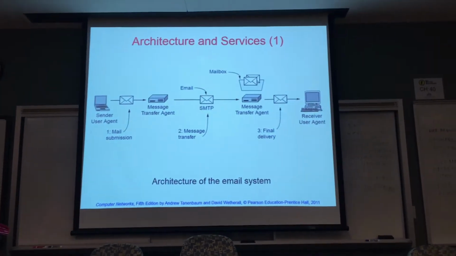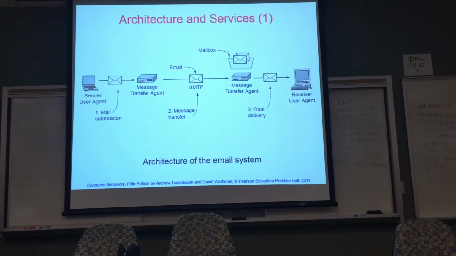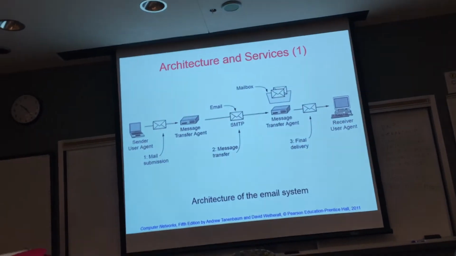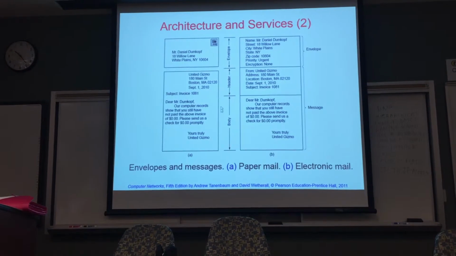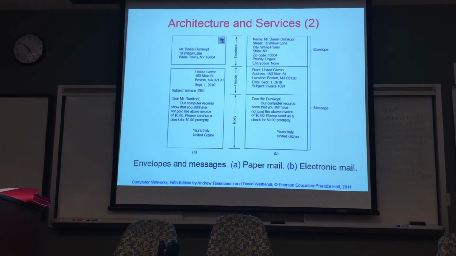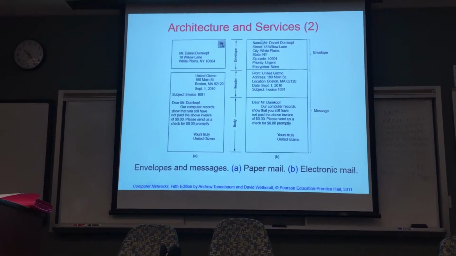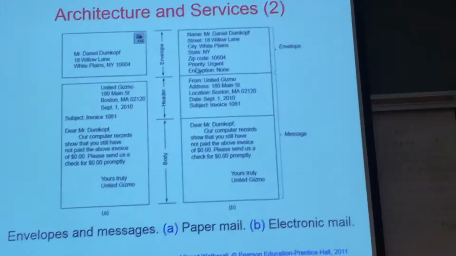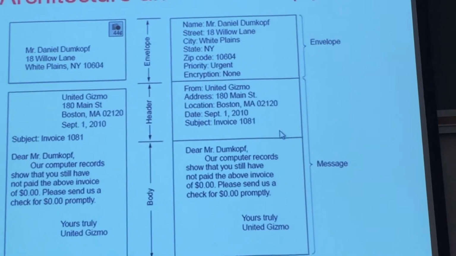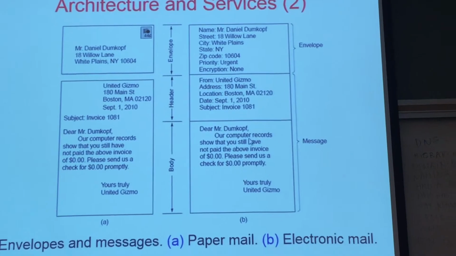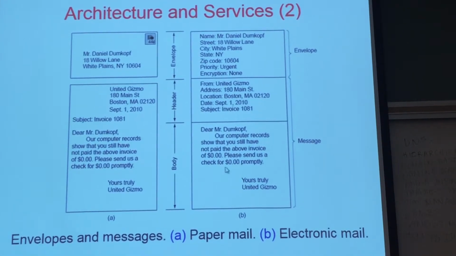The way the protocol works, it pretty much creates an envelope similar to when we send regular mail on paper. So it has the name of the person that's going to receive it, the name of the person that sent it, subject, and so on. And then is the actual message or data.